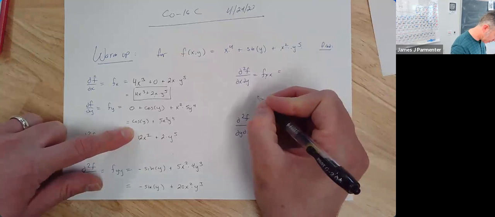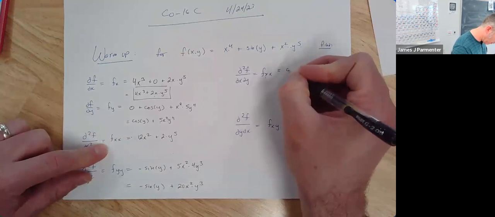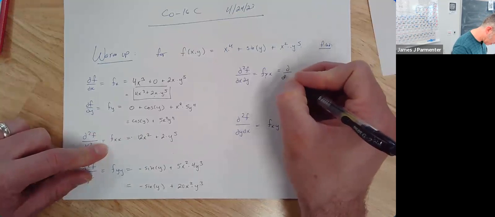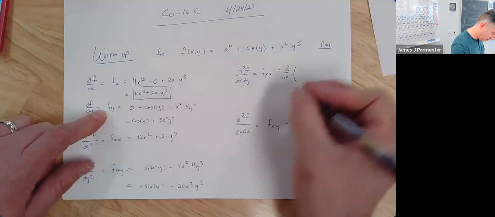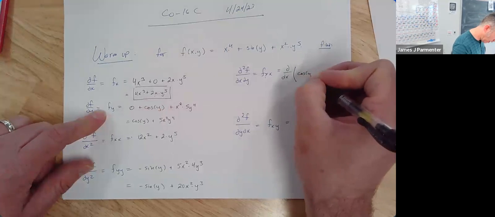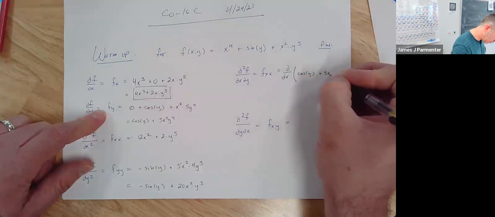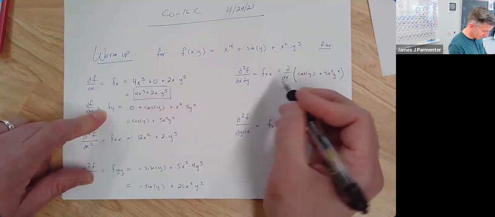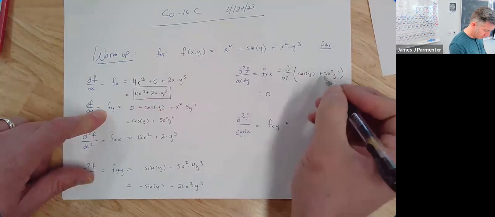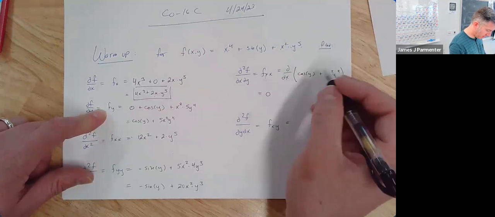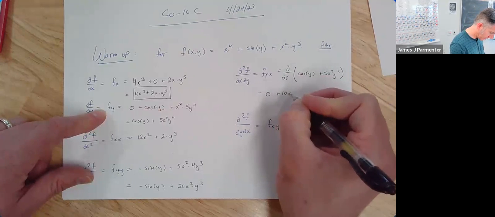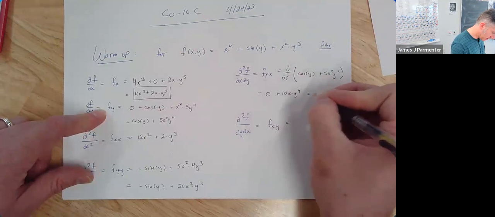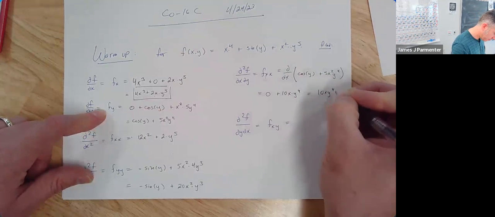I would just write it as the derivative with respect to x of my fy, which is cosine of y plus 5x squared y to the fourth. The derivative of cosine of y with respect to x is going to be 0. The derivative of 5x squared times the constant y to the fourth is going to be 10x times y to the fourth. So we're just getting 10x y to the fourth.